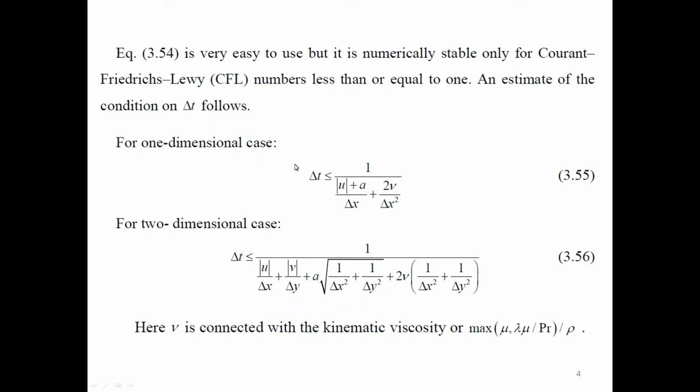For one dimension case, delta t should be less than or equal to 1 over this expression, the absolute value of u plus a over delta x plus 2 nu over delta x to the second power.